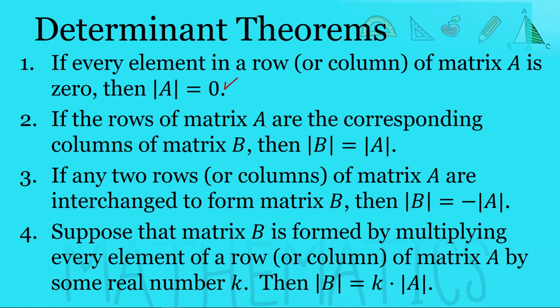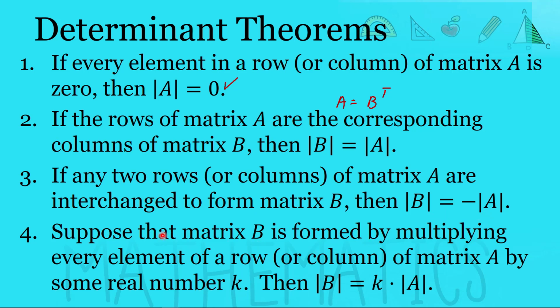If the rows of matrix A are actually the columns in matrix B, and that's also kind of like saying that A is equal to the transpose of B, then they have the exact same determinant. If any two rows of a matrix are interchanged to form another matrix, or if any two columns are interchanged, then the determinant of matrix B is going to be the negative of the determinant of matrix A. Did not see that one coming.